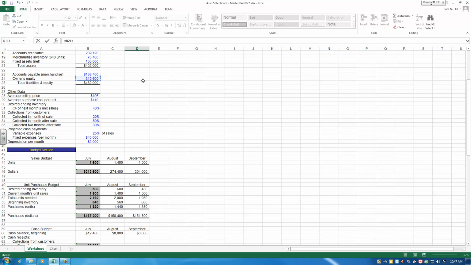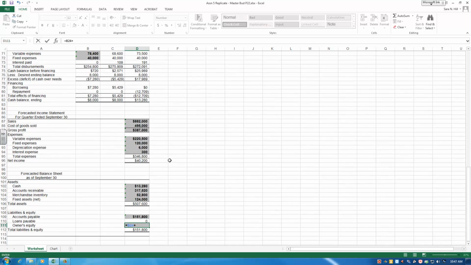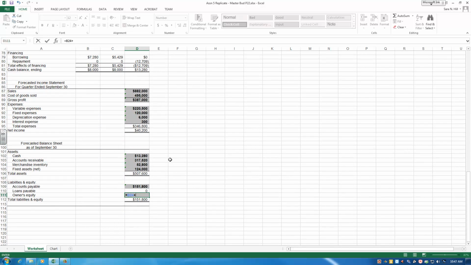And then we can add in the net income that we have in our projected or our forecasted income statement. And voila, our total liabilities and equity equals our total assets, $507,600. So isn't it interesting to see how all of these schedules are interrelated?